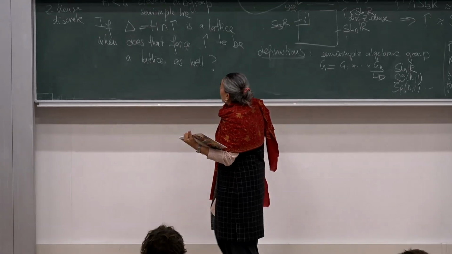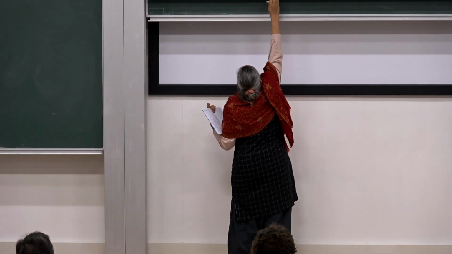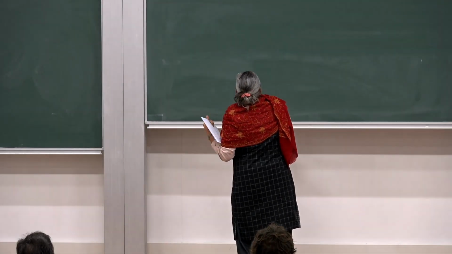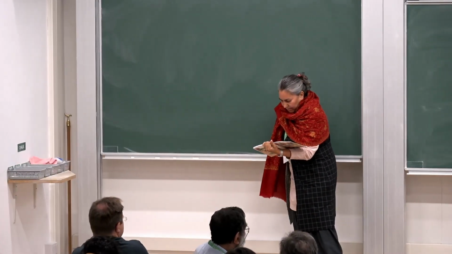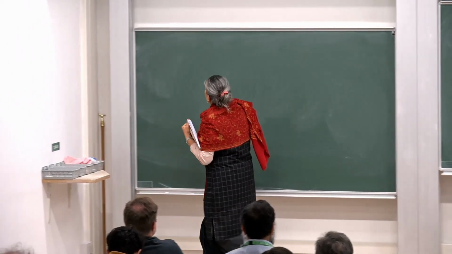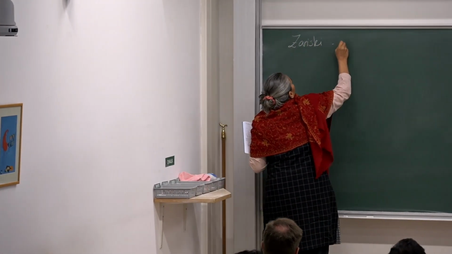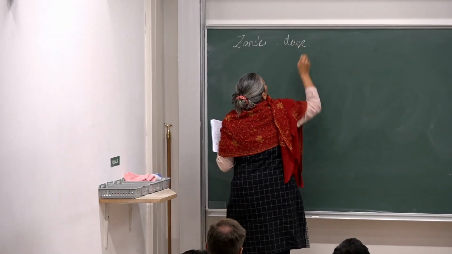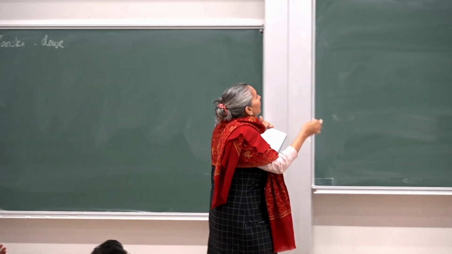Okay, so what else do we need? Well, we have Zariski dense. So Zariski dense is really for a subgroup in an algebraic group.